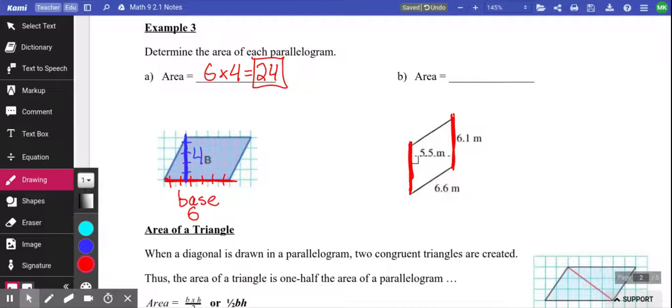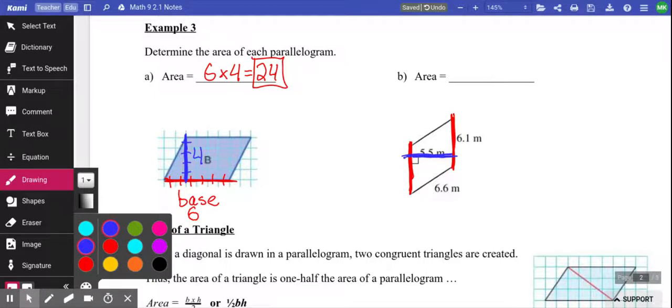My height is this guy in blue. If we did base times height, that's 6.1 times 5.5. I'm not using the 6.6. The 6.6 is my slant height. Notice how it's connected to the line that's on an angle like this. That is not my base or my height.